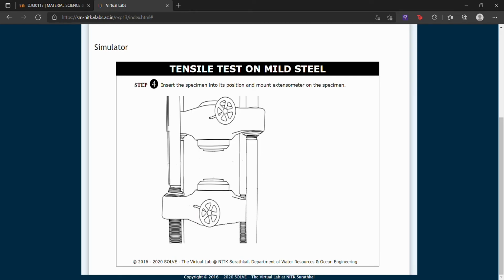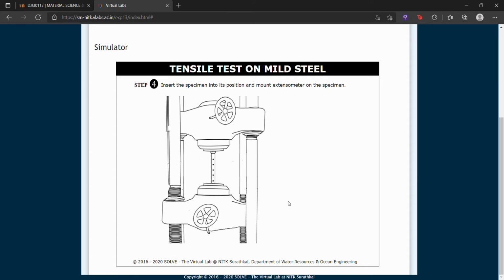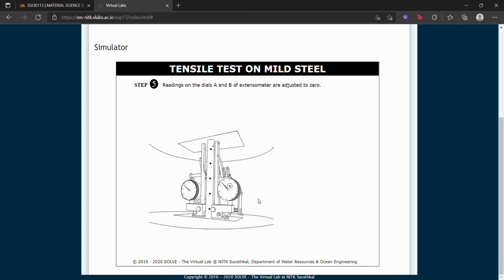Step 4. Insert the specimen into its position and mount the extensometer on the specimen. Step 5.